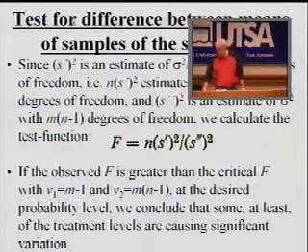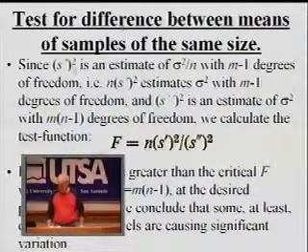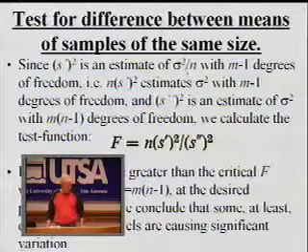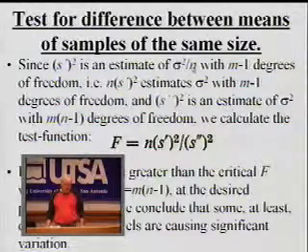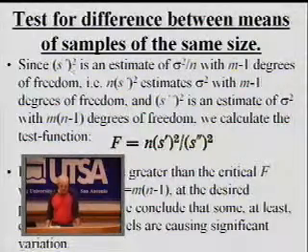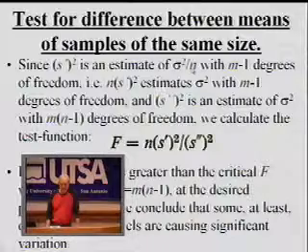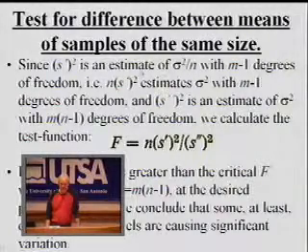So we test for the differences between the means of the samples of the same size. We understand the significance of this part now, since S prime squared is an estimate of sigma squared over n. So the variance of the columns is an estimate of the population variance corrected for our sample size with m minus 1 degrees of freedom.